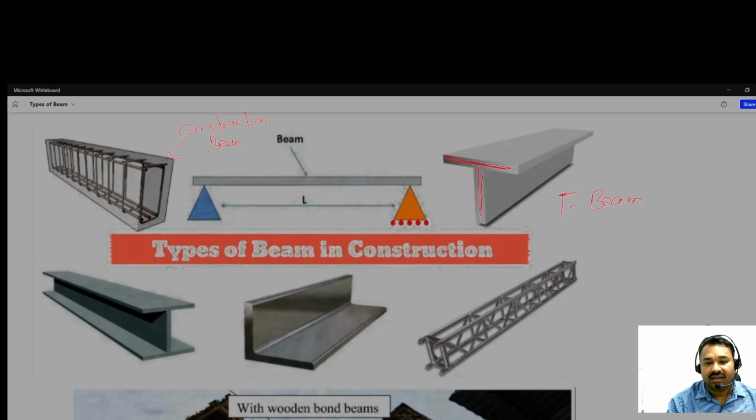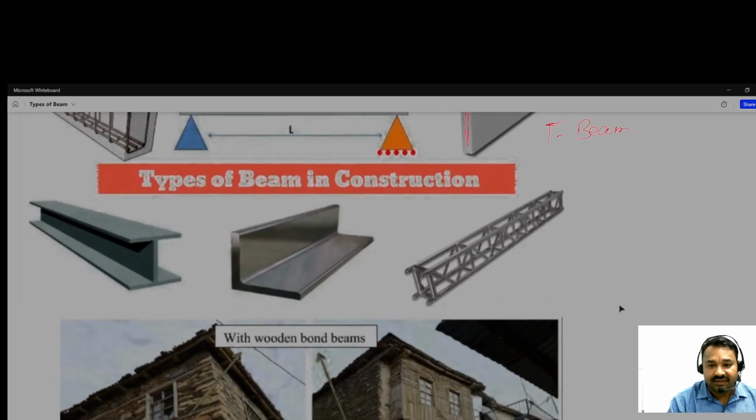Okay, and what about this? So आप देख सकते हैं which type of, तो trussed beam. Generally beams, देख सकते हैं, are made of triangles. So this is the triangle, this is the triangle, this is the triangle. Okay, in this way, this one triangle, then another triangle, then this one. That's why trussed beam.